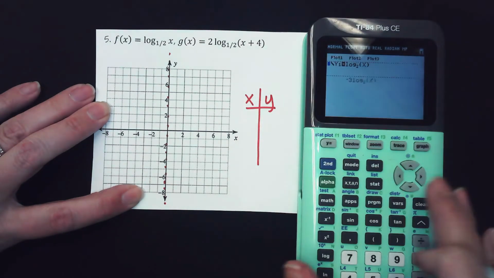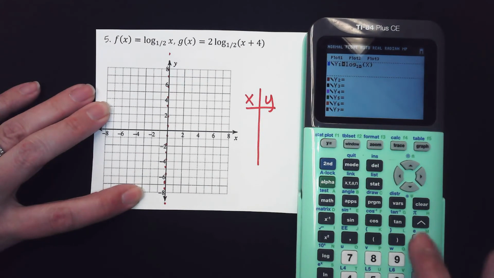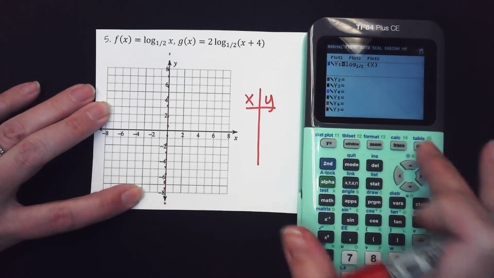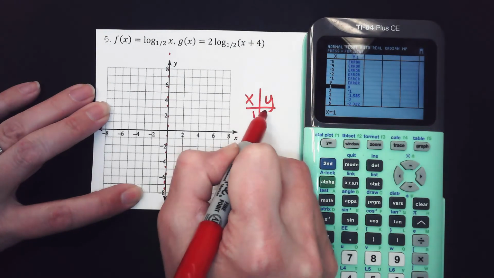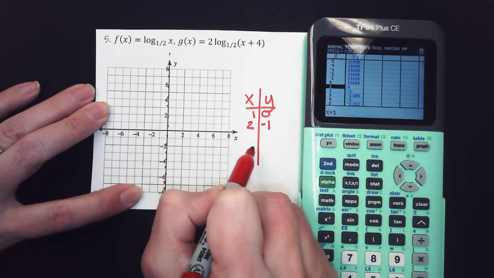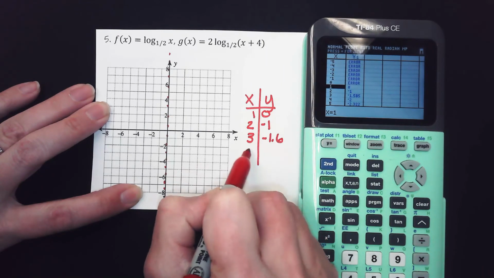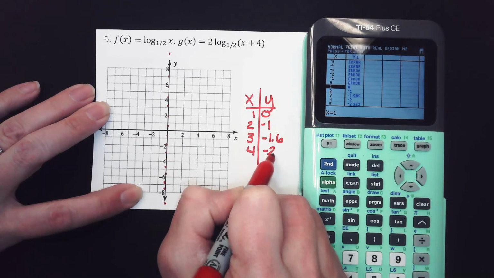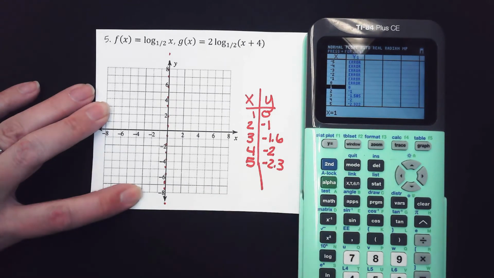So I'm going to come back to my graphs and clear what I wrote there. I have log base, and I'm just going to change that to 1/2. There we go. So I have the point 1, 0, 2, negative 1, 3, negative 1.6, 4, negative 2, 5, negative 2.3, and you can keep going if you'd like.